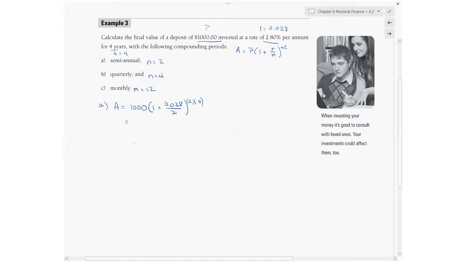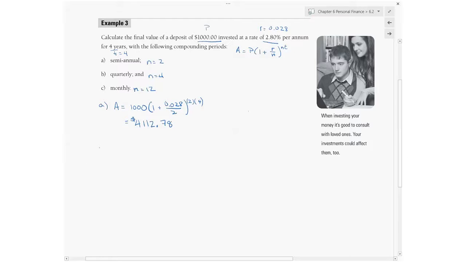So 1,000 times 1 plus 0.028 divided by 2, close your bracket, all to the power of 2 times 4, which would be 8, and you get $4,112.78. So that's if it's compounded semi-annually.